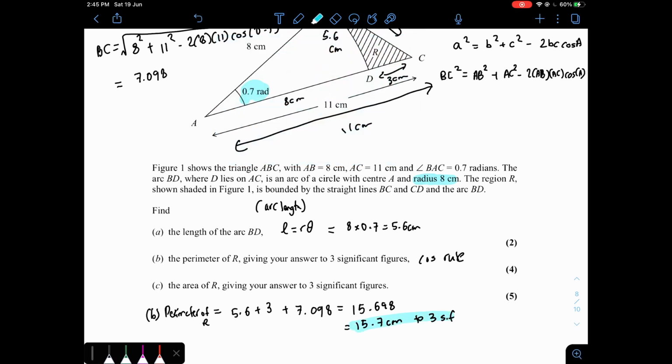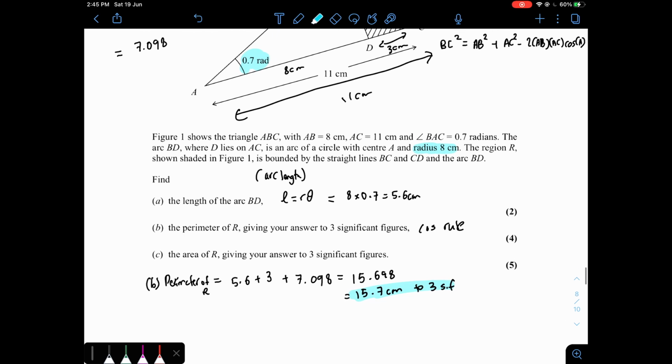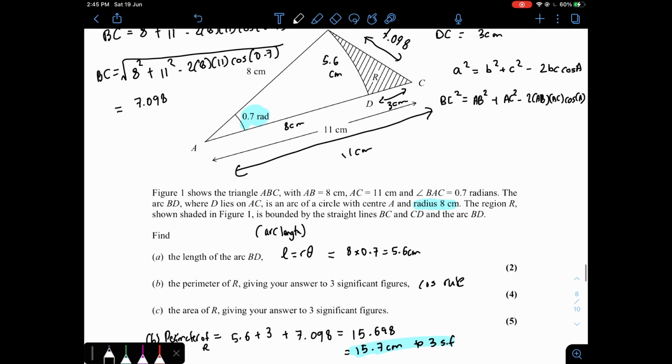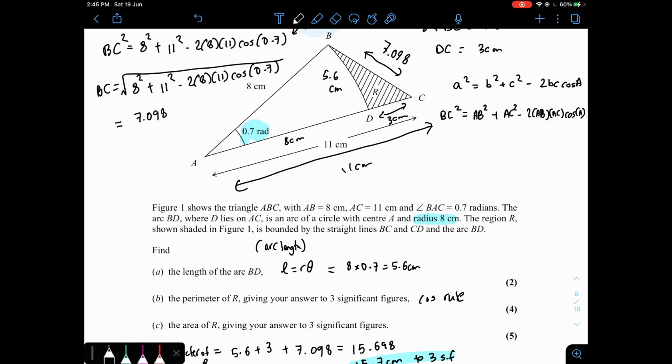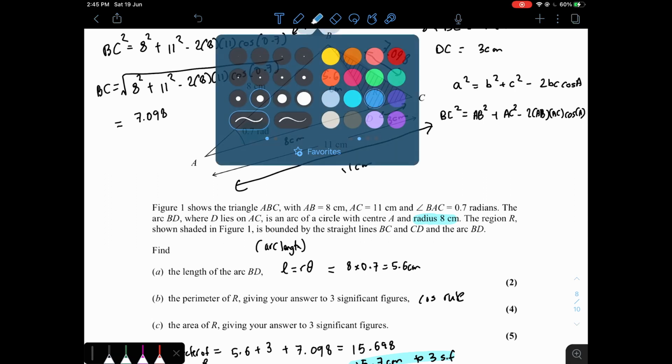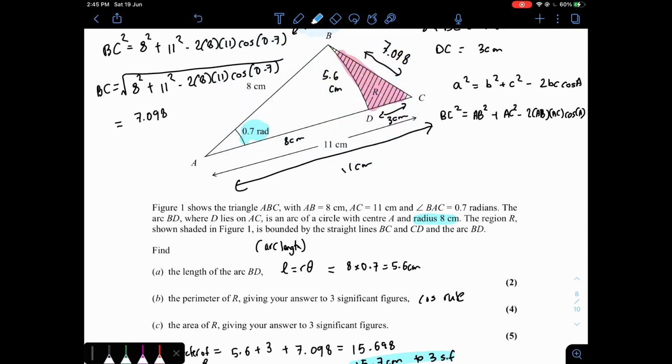Part C says find the area of R. So how can we find the area of R? The only way we can find the area of R is if we find the area of the triangle, take away the area of the sector.